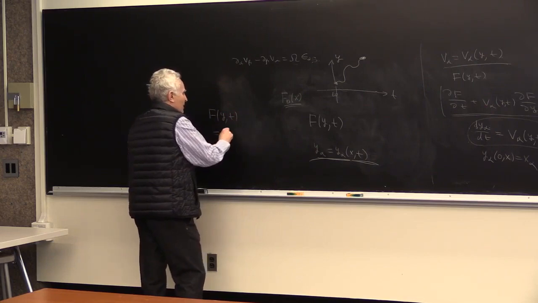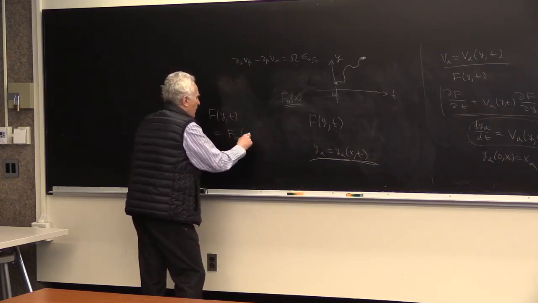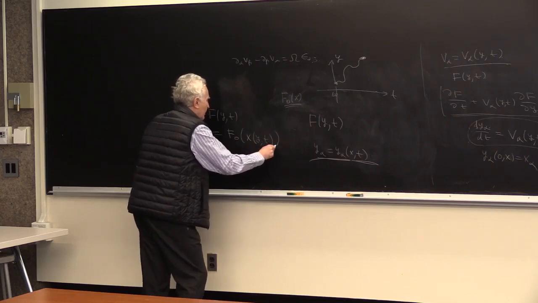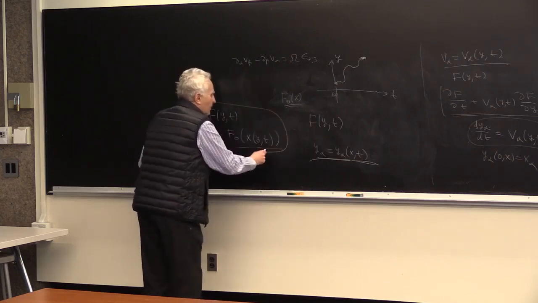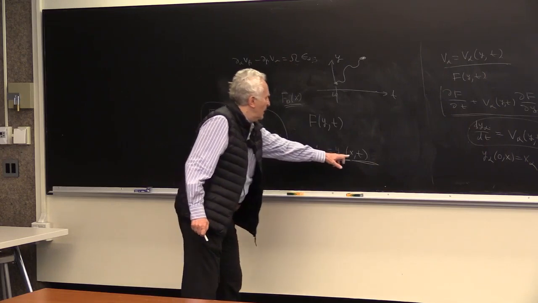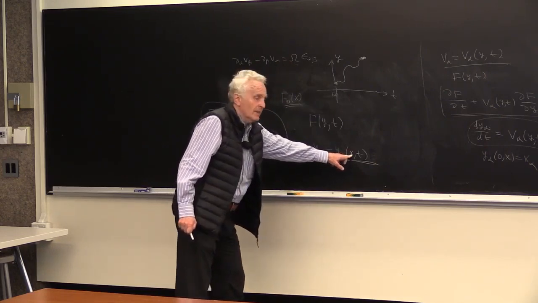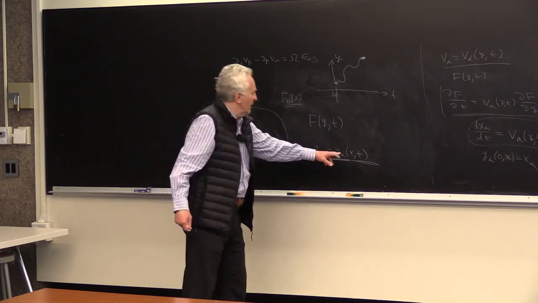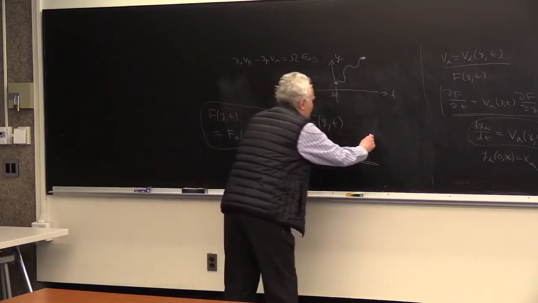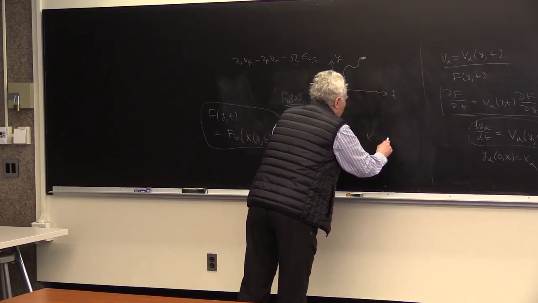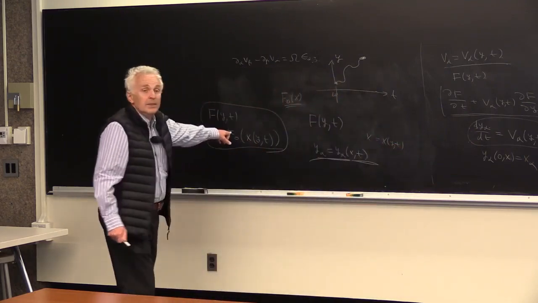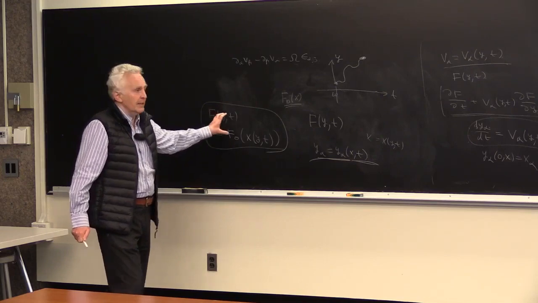The answer is this. It's f0 of x of y and t. So you have to invert this function. That's backtracking. You find x as a function of y and t, and you plug it into the initial data, and that's the answer.